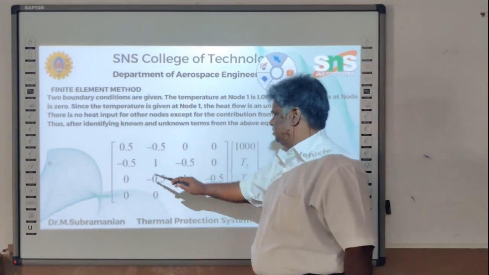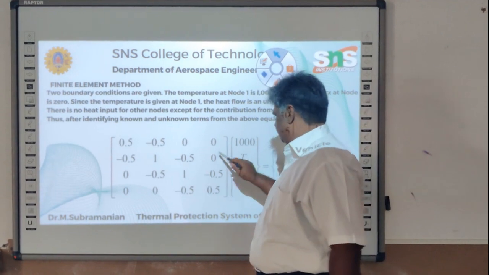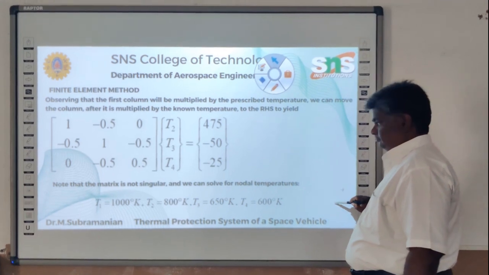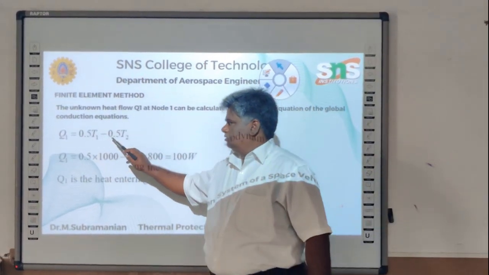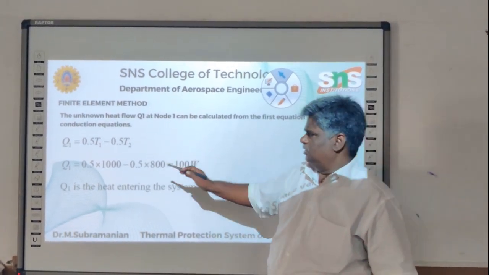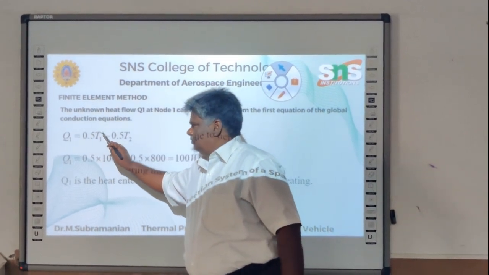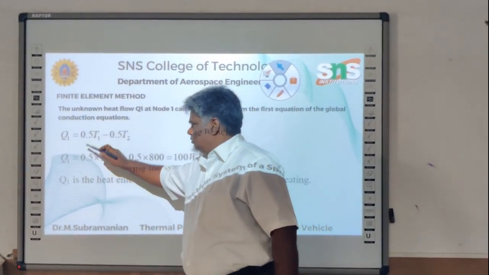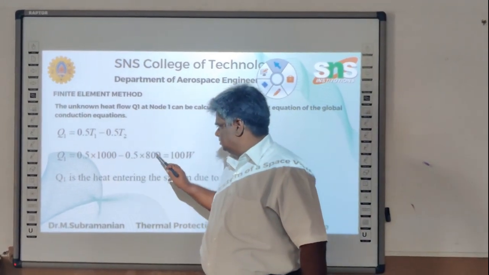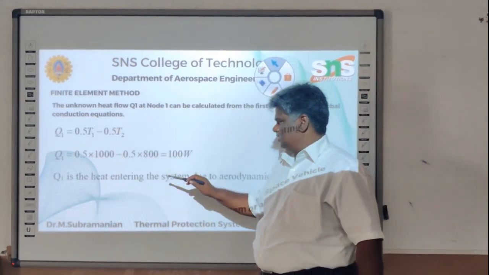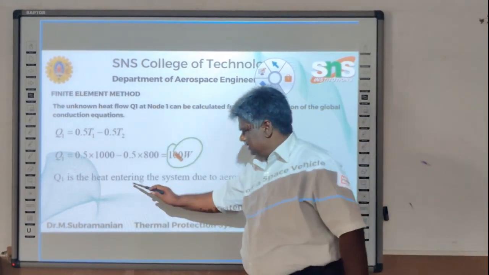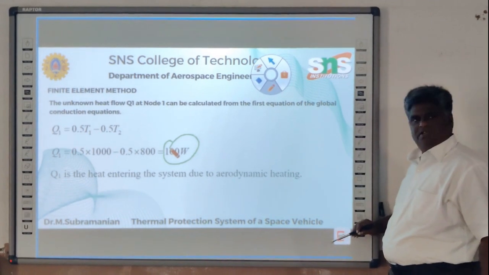From the global system of FEA equations, you can generate this: Q1 equals 0.5 T1 minus 0.5 T2. T1 is already given as a known value, 1000. Then T2 is the evaluated value, 800, giving 100 watts. Q is entering the system due to the aerodynamic heating.